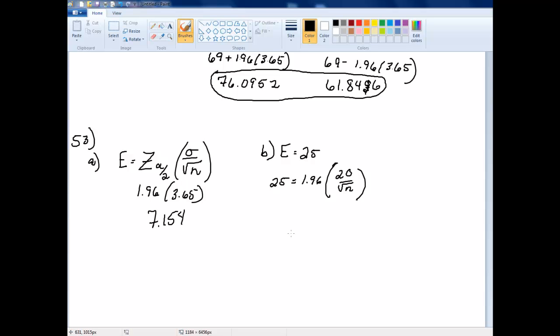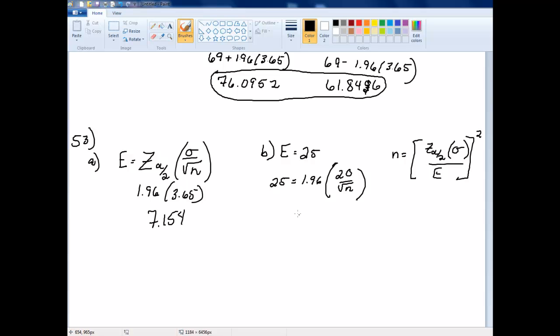So this needs some fancy algebra. If you need the formula for that, it is located on page 381 at the bottom, and it's saying n equals, because I'm going to solve this for n, but the book has already done it for you, Z alpha over 2 times the standard deviation over the error, squared.